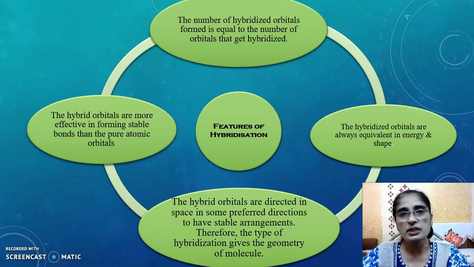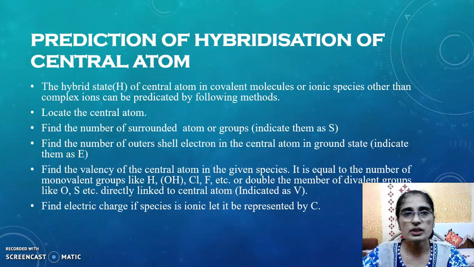If two hybrid orbitals are formed, they arrange in diagonally opposite directions, which results in a linear geometry. Similarly, if 3 hybrid orbitals are formed, they occupy the 3 corners of the trigonal planar geometry. The hybrid orbitals are more effective in forming stable bonds than the pure atomic orbitals.